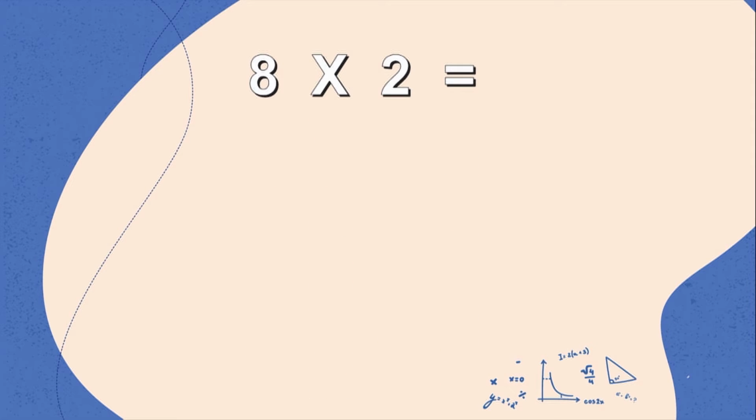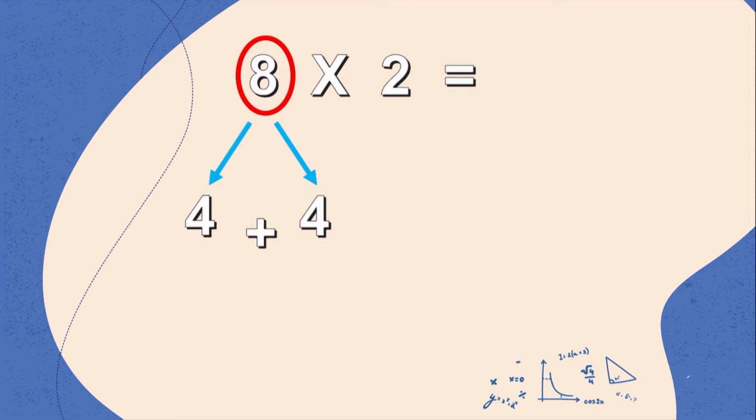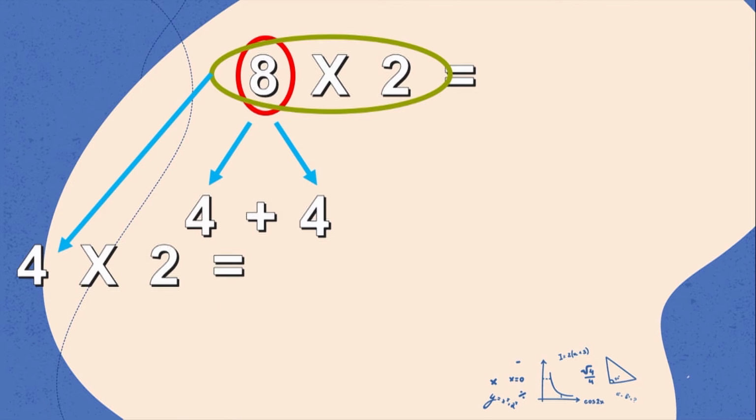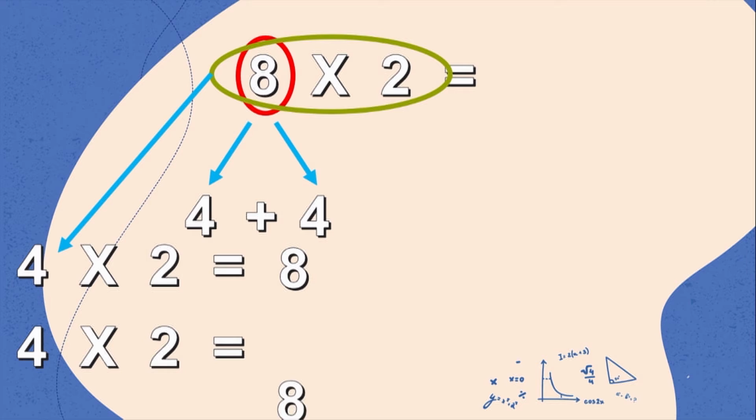We have the same situation, 8 multiplied by 2. But let us say in this situation, we didn't know our 8 times tables. What could we do? We could understand that 8 is made up of 4 plus 4. And now that we know our 2 times tables, we can simply say 4 multiplied by 2 and 4 multiplied by 2, which gives us again 8 and 8.